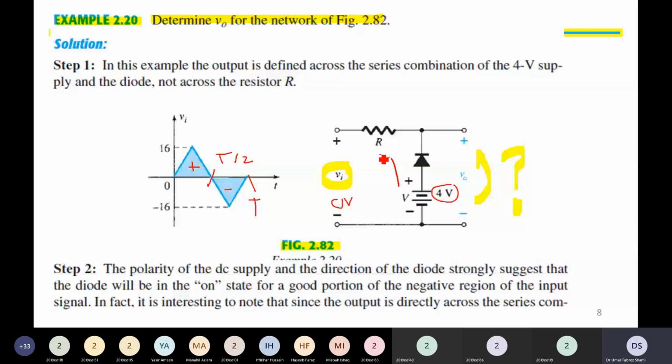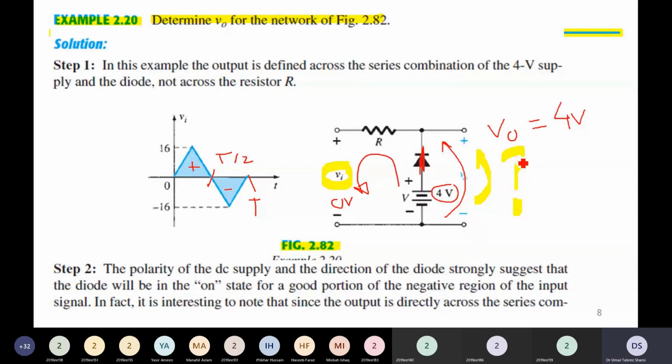And when this current passes through the diode, our diode will look like a short circuit. And when we have a short circuit, output voltage अब कितना हो जाएगा? V out कितना होगा? V out will be equal to 4 volt.